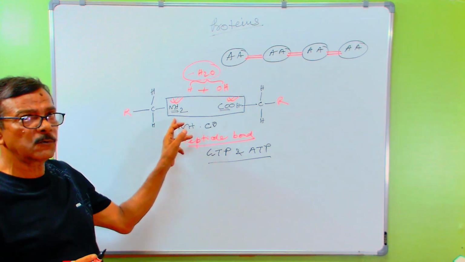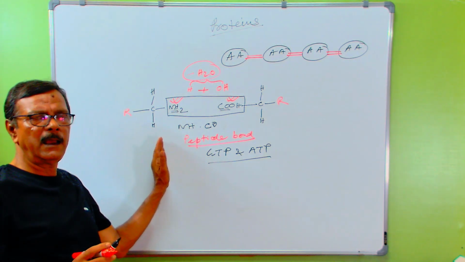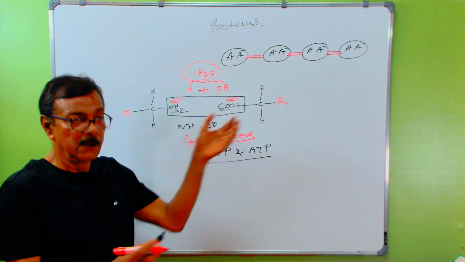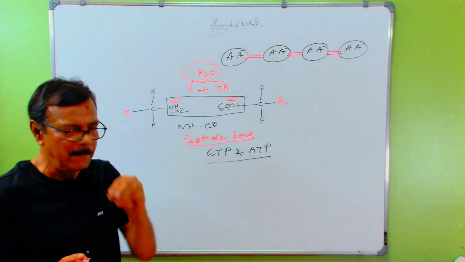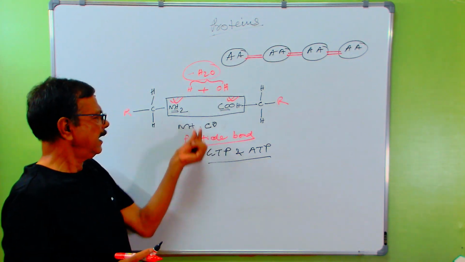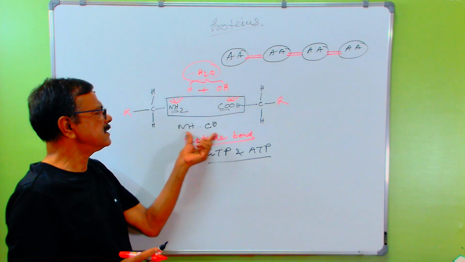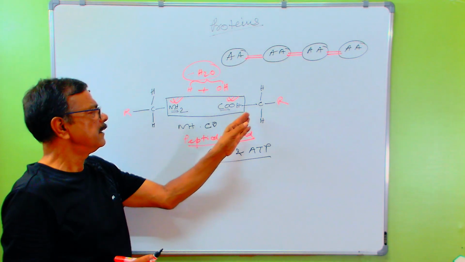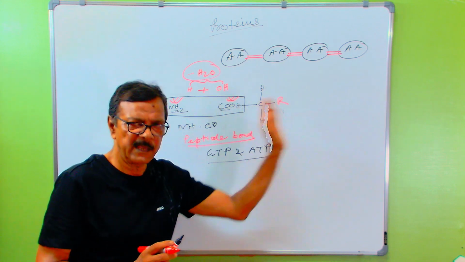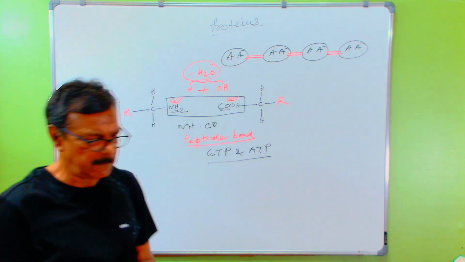So this NH2 group of one amino acid joins with the COOH group of another amino acid, which are brought by tRNA. So first we should learn what is a peptide bond. NHCO, this is the peptide bond.